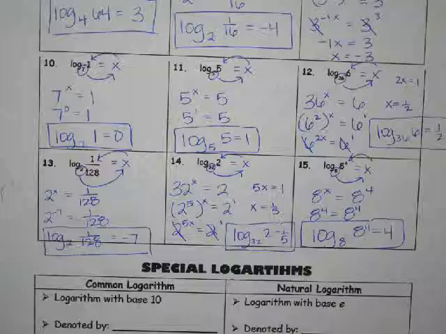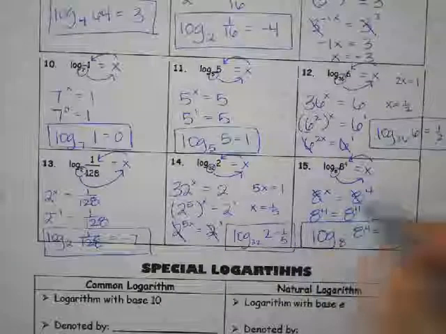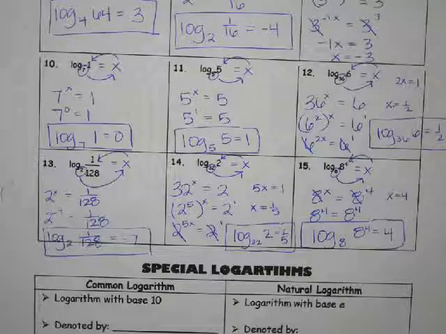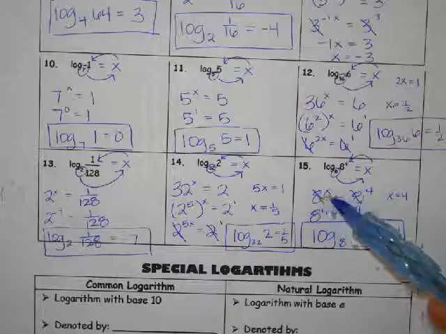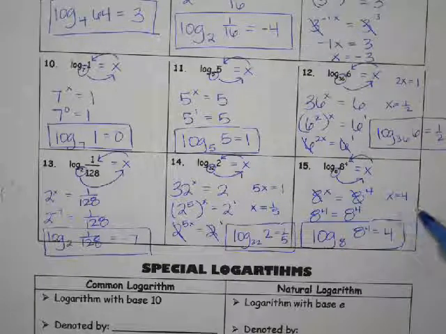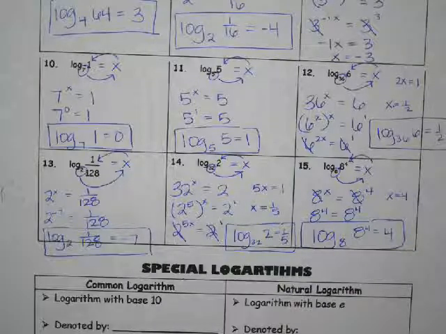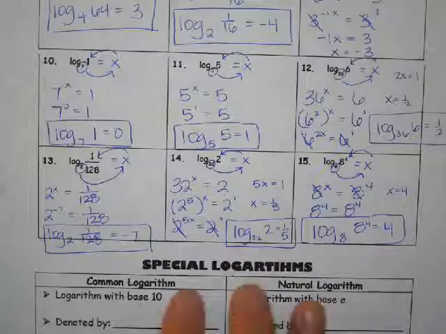Could you make it into 2 to the 3rd and get the same answer? Yeah, because you'd have 2 to the 3rd, so you'd have 3x equals 12. And then you divide by 3 to get x equals 4. Yep. All right.